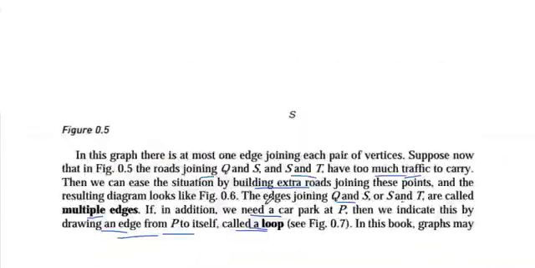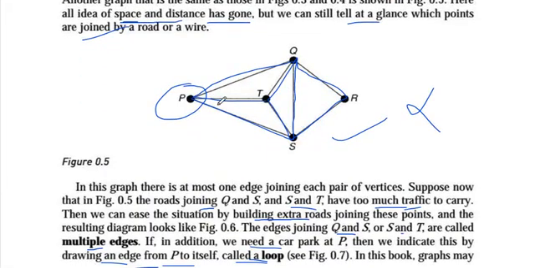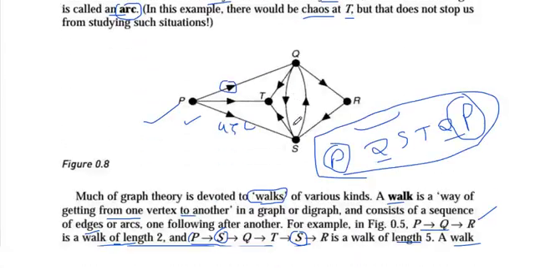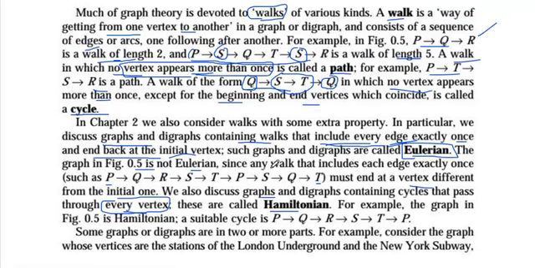So here, again our graph: P, Q, T, S and R. They have passed through every one of the 5 vertices. Yes, so this is called a Hamiltonian graph. So the Euler graph has 3 conditions and the Hamiltonian has 1 condition.